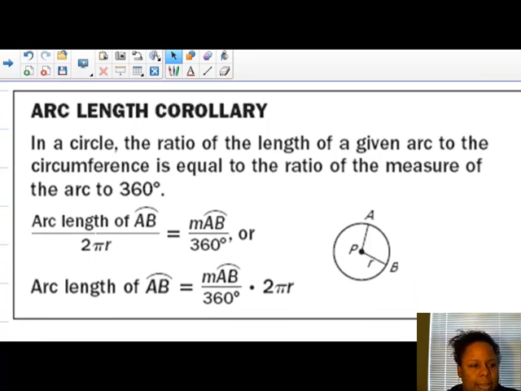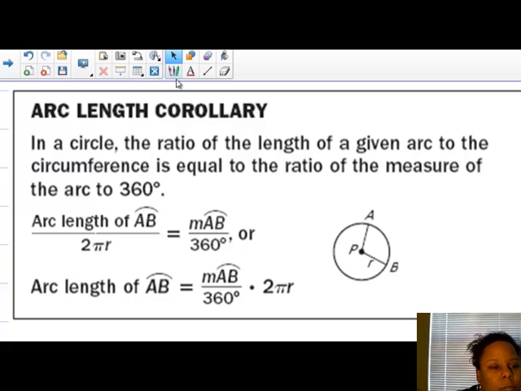Then we have this arc length corollary that basically does say part to whole. In this case, they put the degrees on the right and the lengths on the left, and it doesn't matter. But we still have part, which is the length of the arc, divided by the whole length of the entire circle.